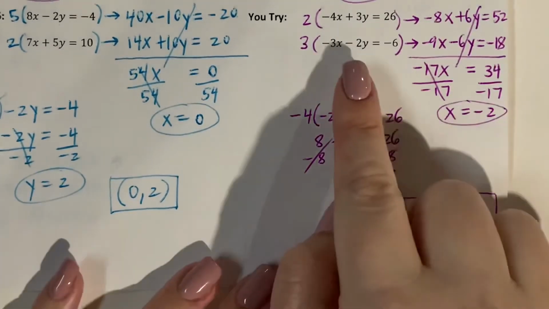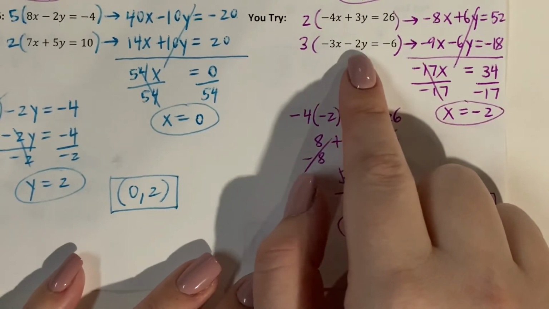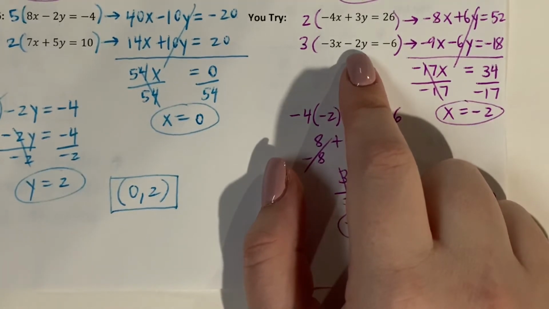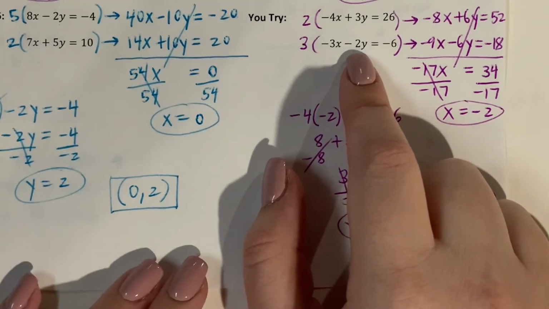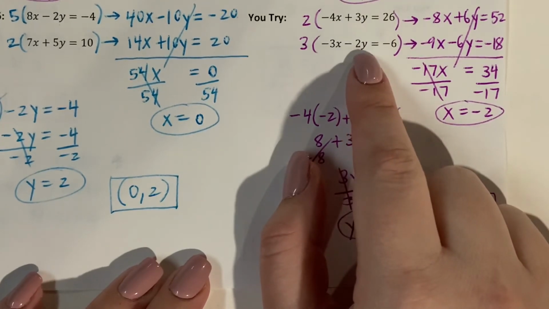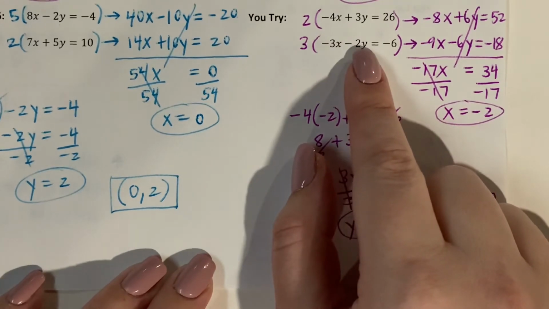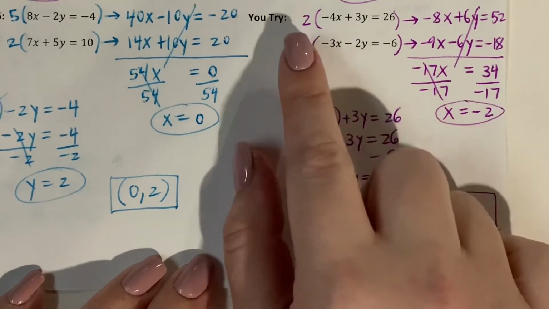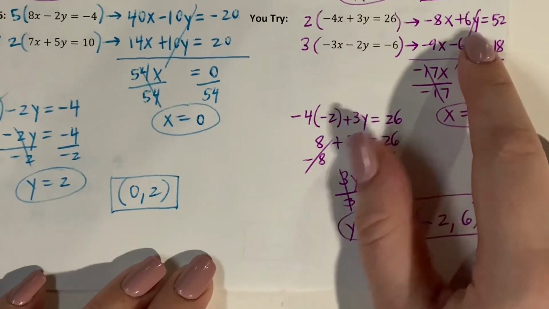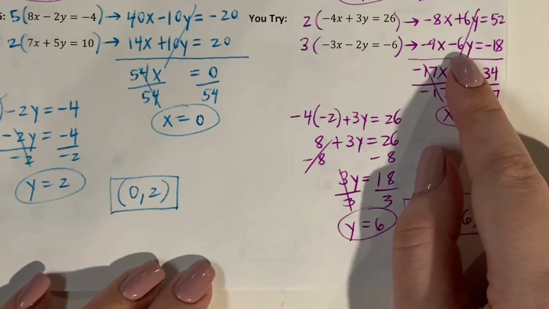So I chose to cancel or eliminate my y's, and the reason I did that is because keep in mind for x's or y's to drop out of the problem, they have to have opposite signs. And I noticed that one of my y's was positive and the other was negative. So I noticed that that would be helpful. If you eliminated your y's, then that means you had to multiply your top equation by 2 so that you would get a positive 6y, and your bottom equation by 3 so that you would get a negative 6y.